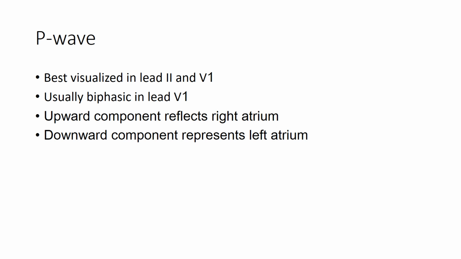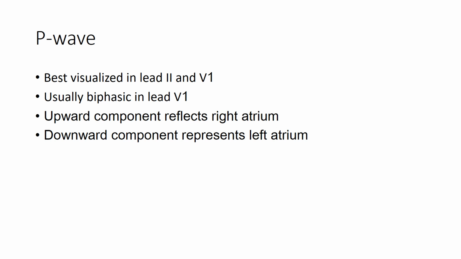And as far as the lead V1 is concerned, we will apply the concept that the right-sided chambers are somewhat anterior to the left-sided chambers, and the second concept that the current flowing towards a unipolar lead produces a positive deflection, and the current flowing away from the unipolar lead or a chest lead produces negative deflection.